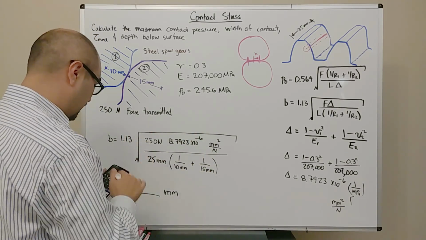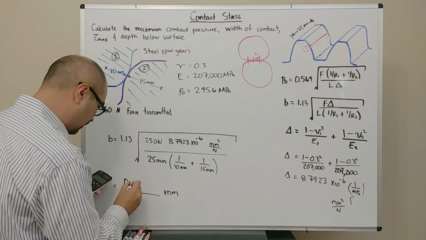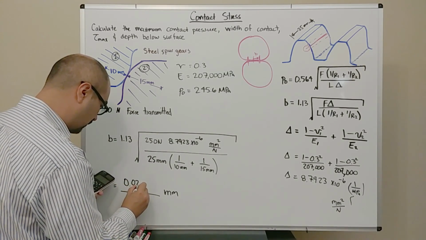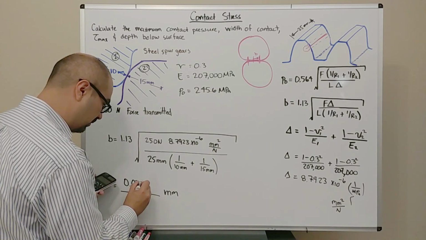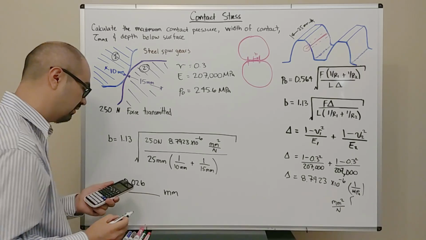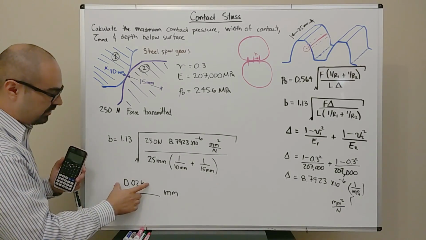And if I didn't mess up the calculations here, I'm getting a value of 0.026. I'm going to round here to 0.026 millimeters. So remember, this is just half the width.